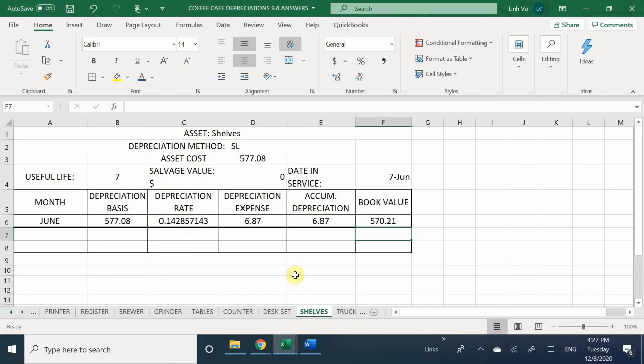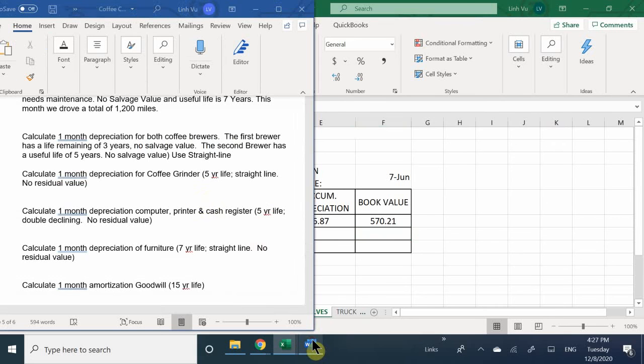Okay. This minus this, bringing our book value to $570.21. Okay, good. Yay.